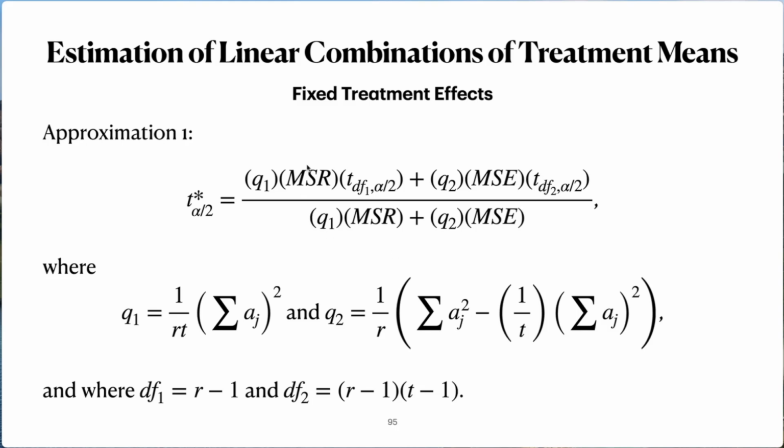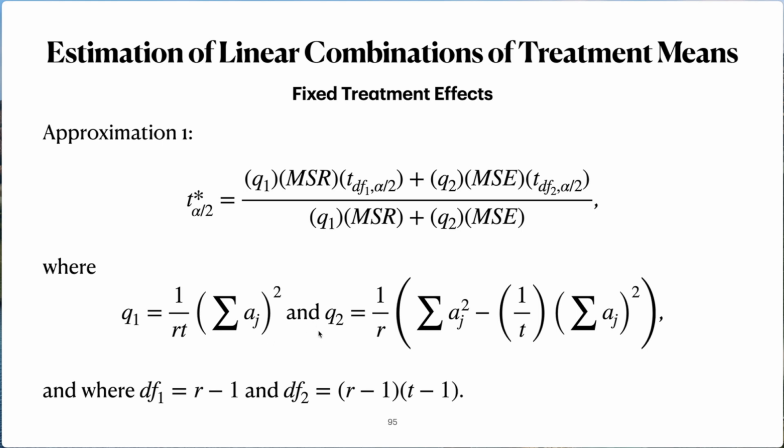Now, it also involves these quantities q1 and q2. q1 is equal to 1 over r times t. Remember that r times t is the number of observations in the experiment. So it is 1 over the number of observations times the square of the sum of the coefficients.